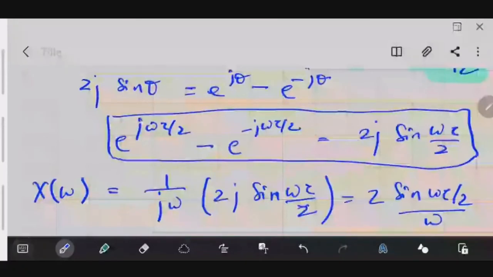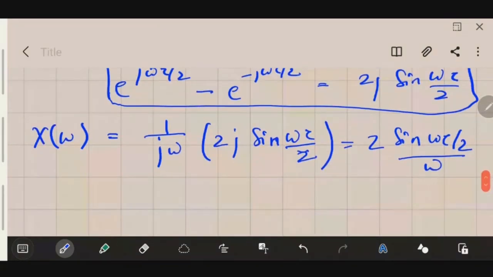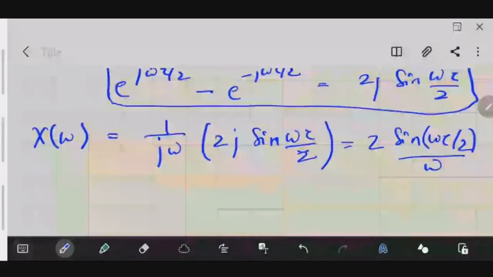Now see, we have to express it in the form of sinc. So if we want to express this in the form of sinc, whatever is there inside that sine, we have to multiply in the numerator as well as denominator, and then only we will be able to express this in terms of sinc.